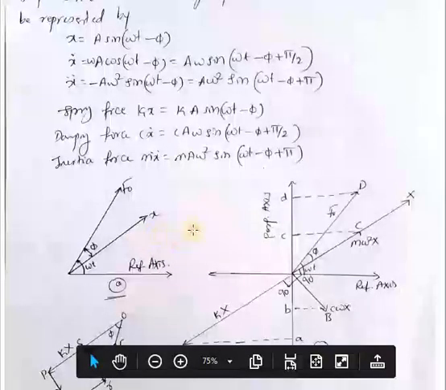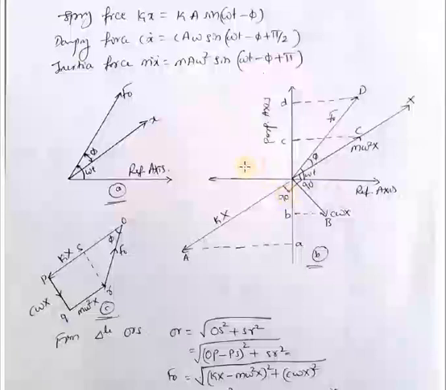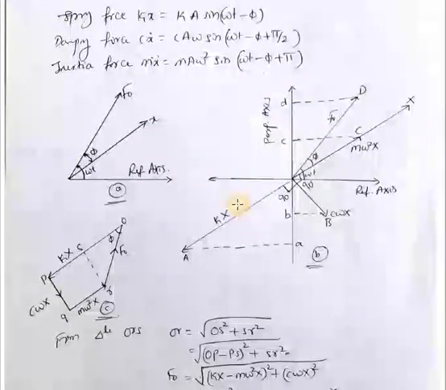Now in this vector representation, this OA represents the maximum spring force. It is drawn to some suitable scale at an inclination of omega t minus phi to the horizontal, in the opposite direction of the displacement, and vector OB represents the maximum damping force.